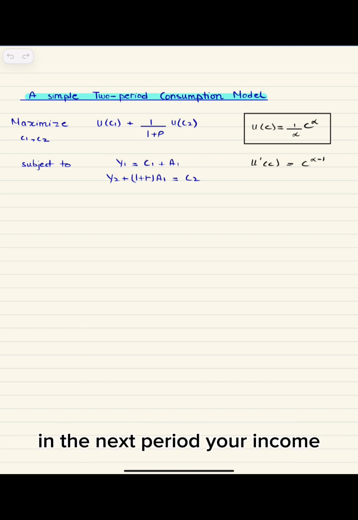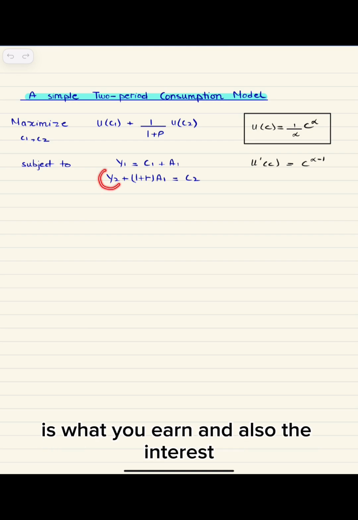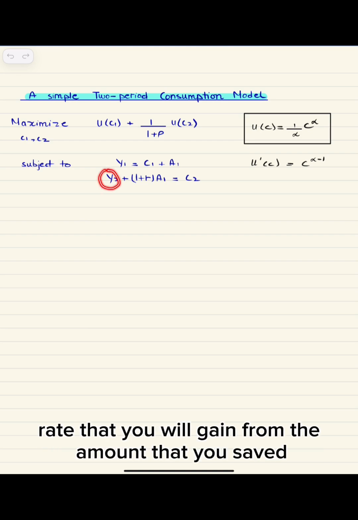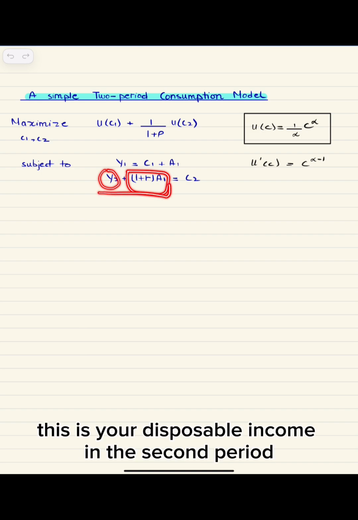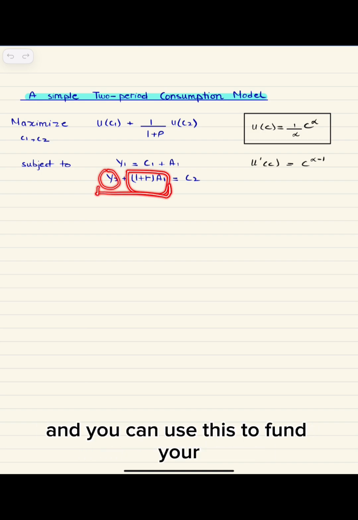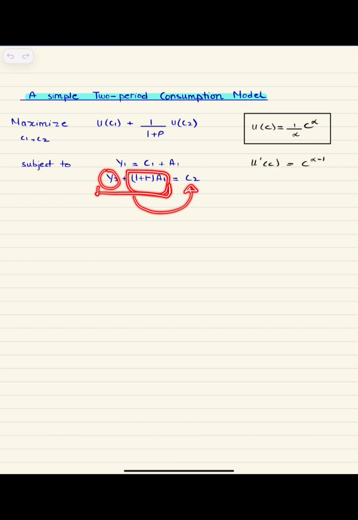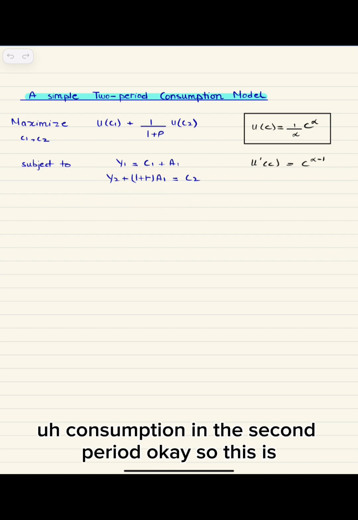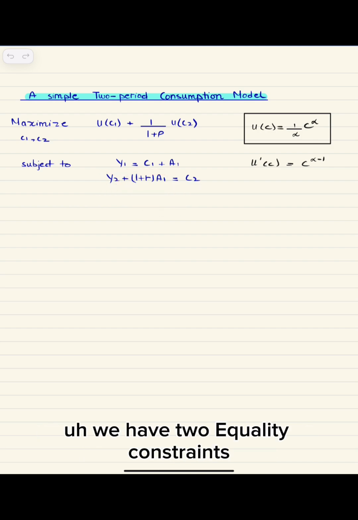In the next period, your income is what you earn and also the interest you will gain from the amount that you saved, and this is your disposable income in the second period, and you can use this to fund your consumption in the second period. Okay, so we have two equality constraints.